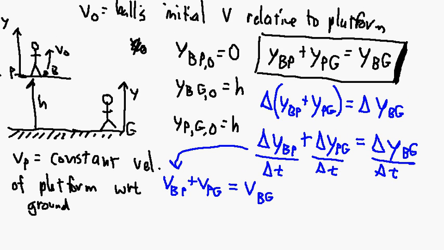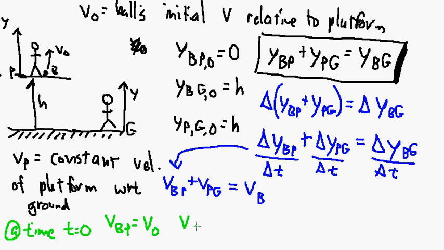There we go. Okay. So initially, let's switch to green now. At time t equals 0, I'm going to say we knew that the ball initially had a velocity v naught with respect to the platform. So velocity of ball with respect to the platform equals v naught.